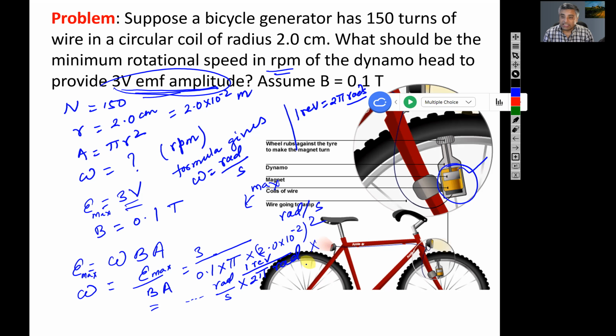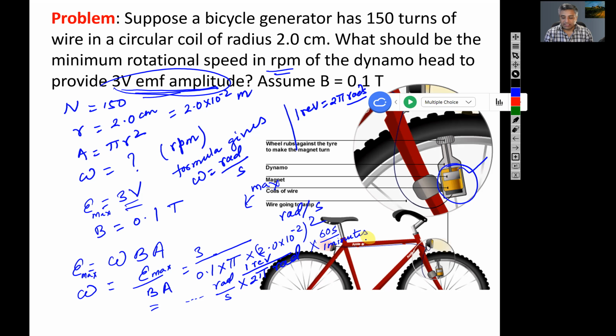And seconds have to be converted into minutes, right? So there are 60 seconds in each minute. It's just the unit conversion there. So that's how you find the RPM from radian per second.